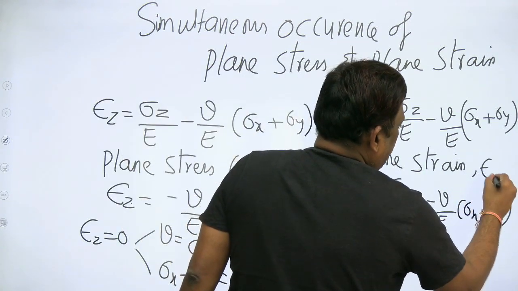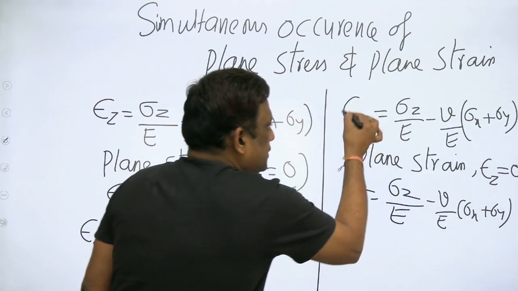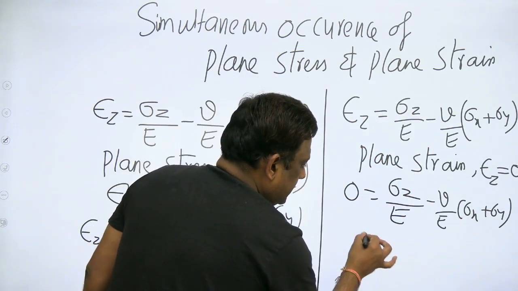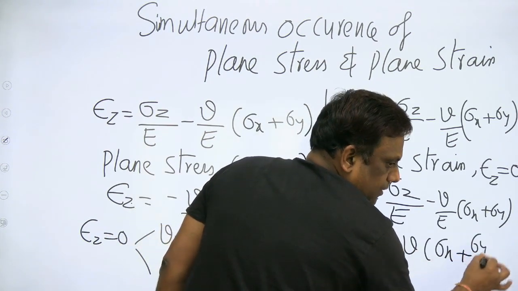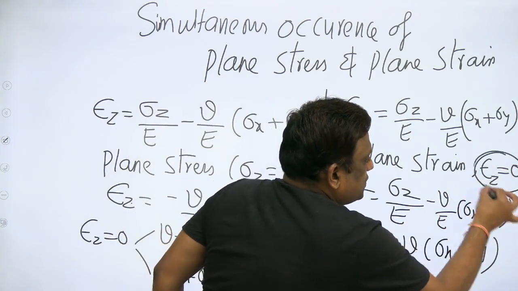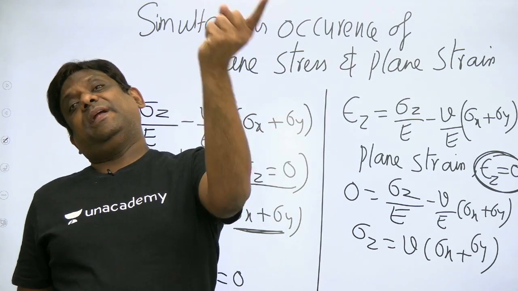So for plane strain, epsilon z is 0. When epsilon z is 0, 0 is equal to sigma z by E minus nu by E into sigma x plus sigma y. Now, this can be written as sigma z is nu into sigma x plus sigma y. Now, look carefully. Already it is plane strain. Now I want the simultaneous occurrence of plane strain and plane stress.